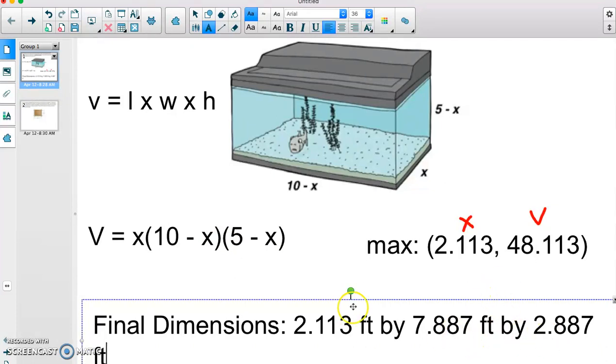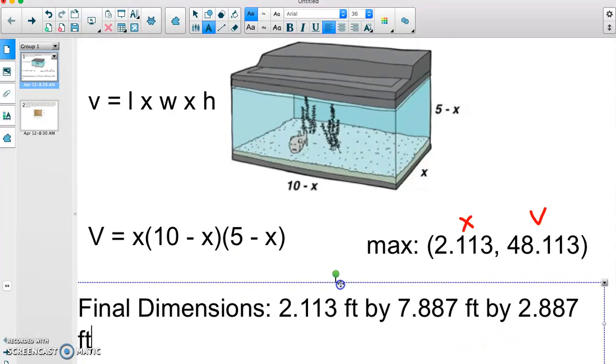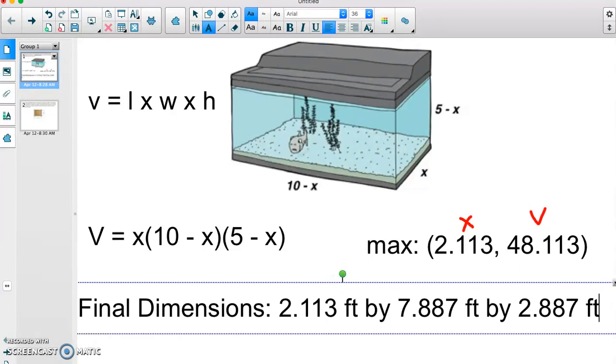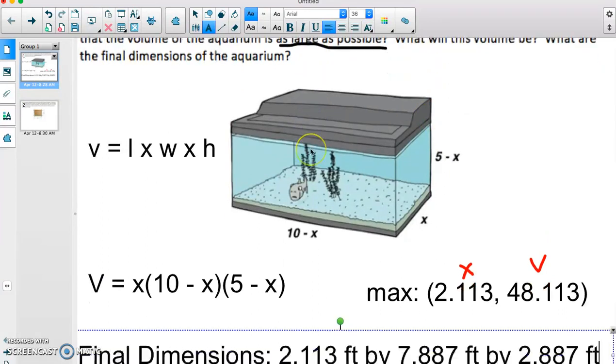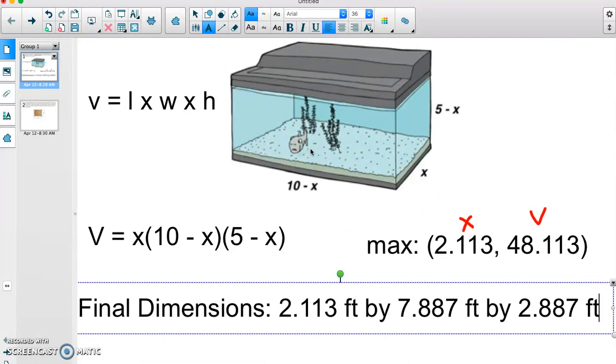So notice I'm including my units on there as well. Okay, so now I've found all the things that they're looking for: X, the volume, and the dimensions, and now I just have to include that in my write-up somehow.